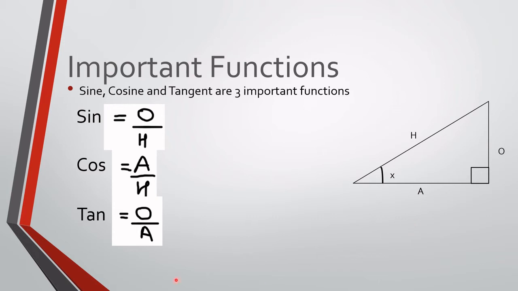They are pretty easy. If you don't find them easy, here is a trick: SOHCAHTOA. Sine equals opposite upon hypotenuse, cos equals adjacent upon hypotenuse, and tan equals opposite upon adjacent. So yes, that's SOHCAHTOA.